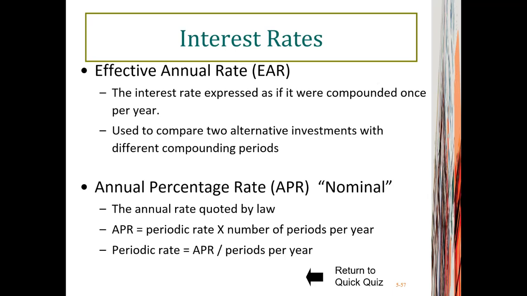You can ask any mortgage lender across the country what the compounding period is for each year. The typical answer is 365 days, which means money is compounded on the daily basis.